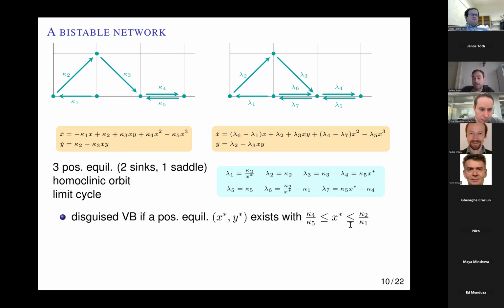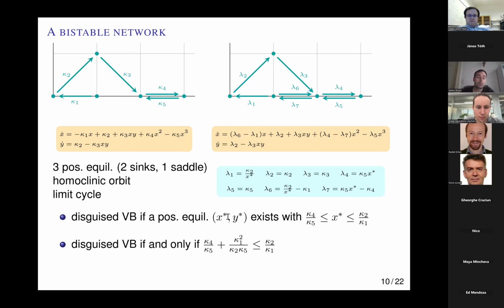which lies in this stripe. The first coordinate must fall between these two bounds. If that's the case, then I can conclude uniqueness and global asymptotic stability of the positive equilibrium.